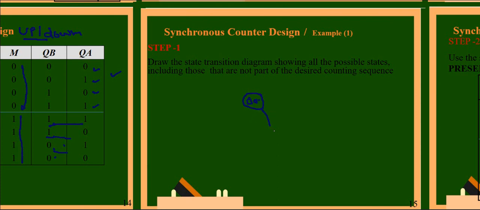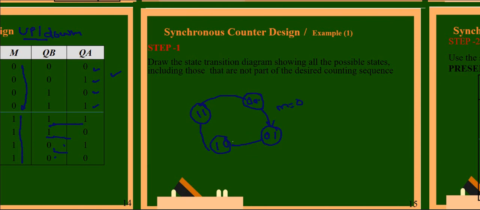First we will do the up counter. So it is 00, then 01, then 10, and finally 11. This is nothing but the up counter. If it is going from 00 to 01, then we call M equal to 0.